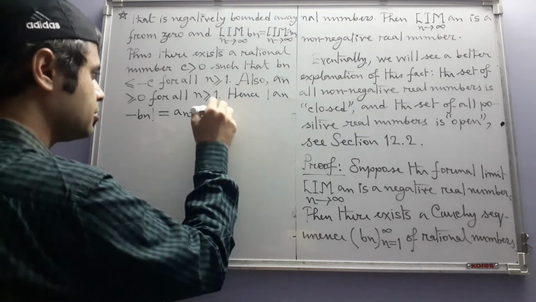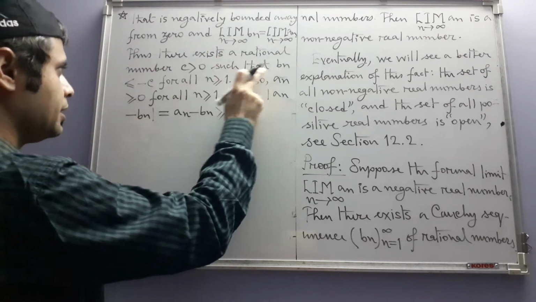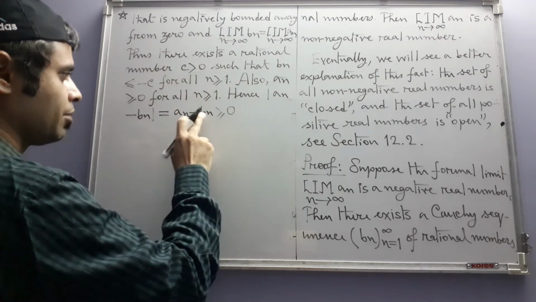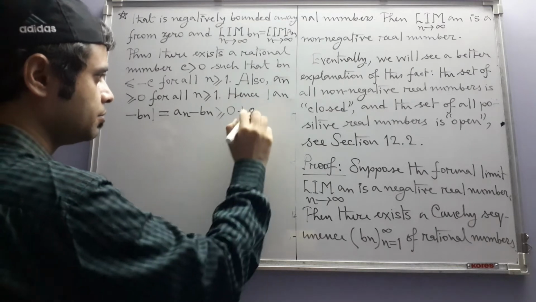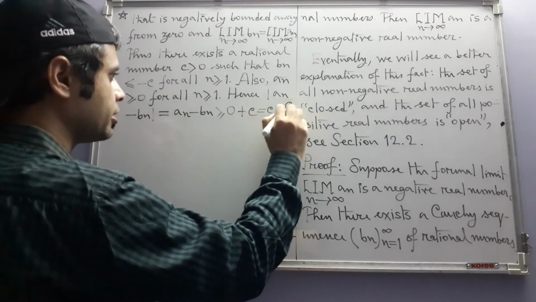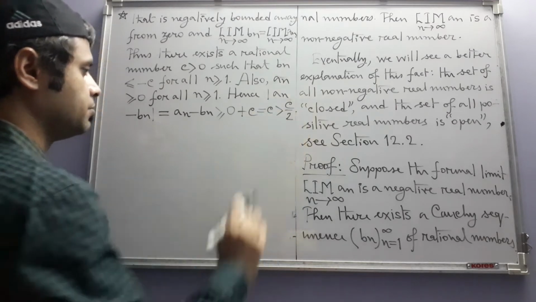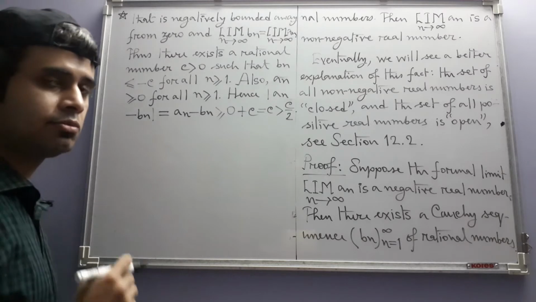Now an is greater than or equal to 0, bn is less than or equal to minus c, so minus bn is greater than or equal to c. This is strictly greater than c by 2, and c by 2 is a positive rational number.